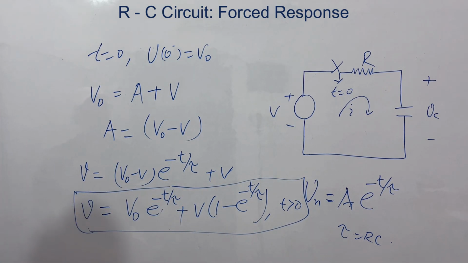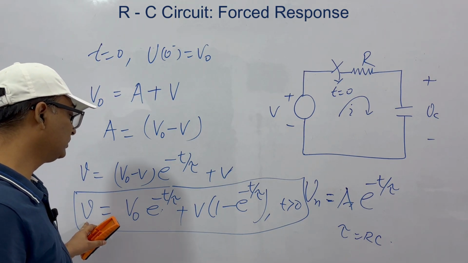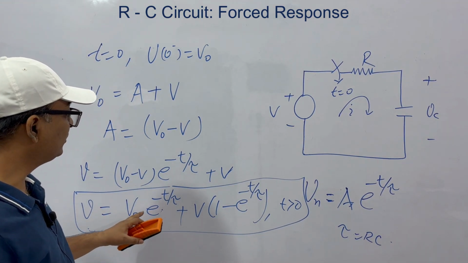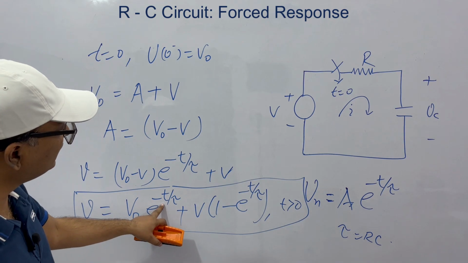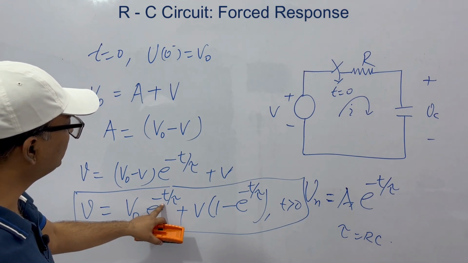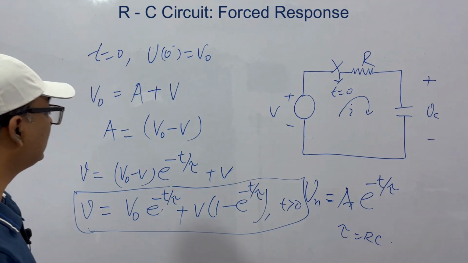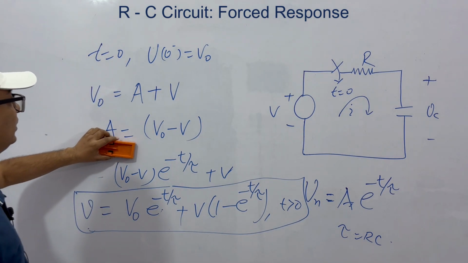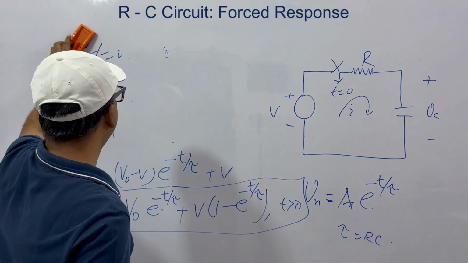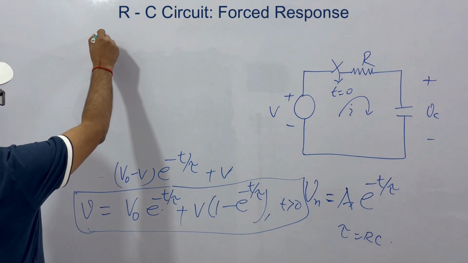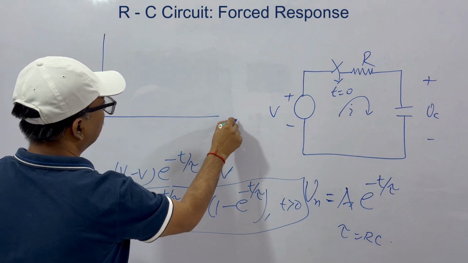Now important to note is the value of the voltage across the capacitor when we have t equal to 0. At t equal to 0, this is V0 and this is 1 minus 1, which is 0. I am plotting the graph now, the voltage versus time graph. This is voltage, this is time.